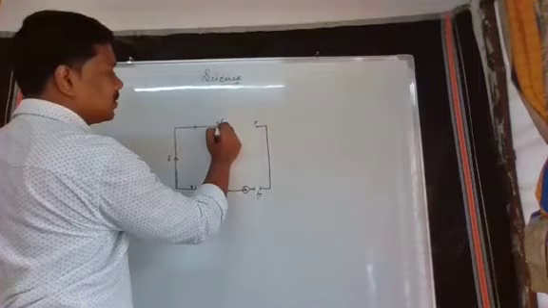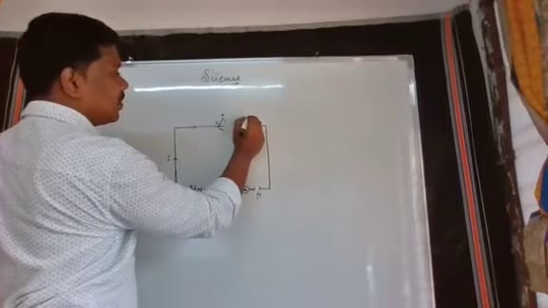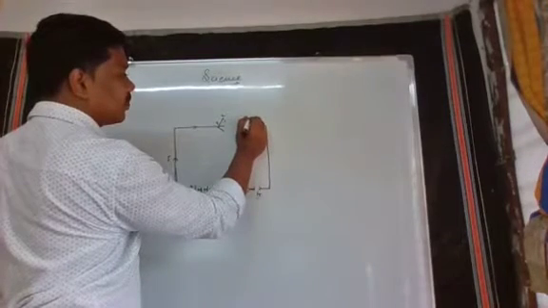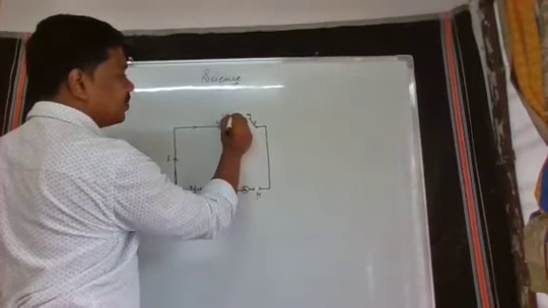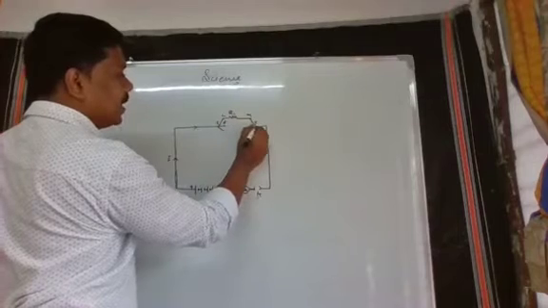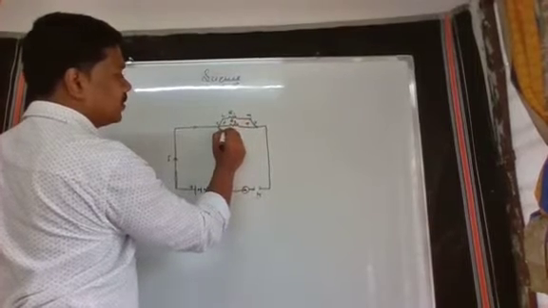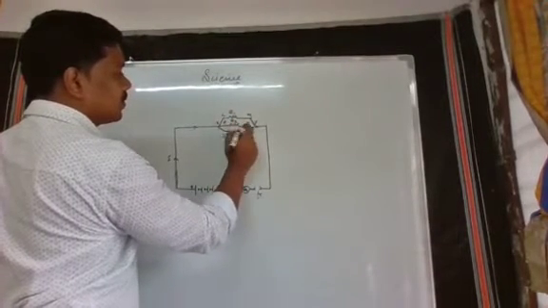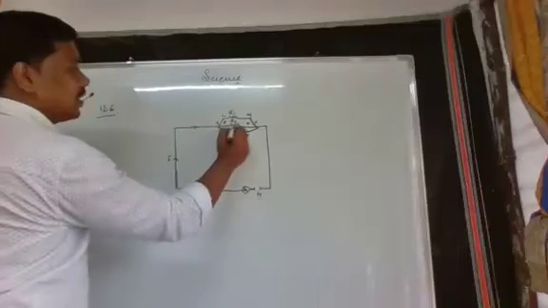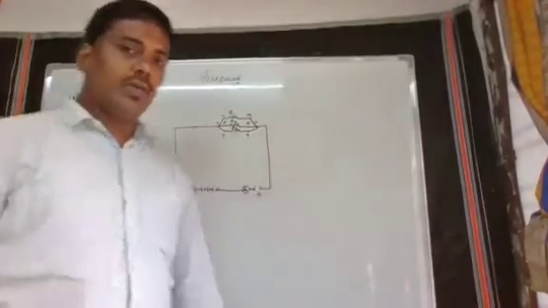So I am marking some points L and M. In between L and M, I connected resistor R1, between P and Q, I connected resistor R2, and between S and T, I connected resistor R3. The circuit is okay.